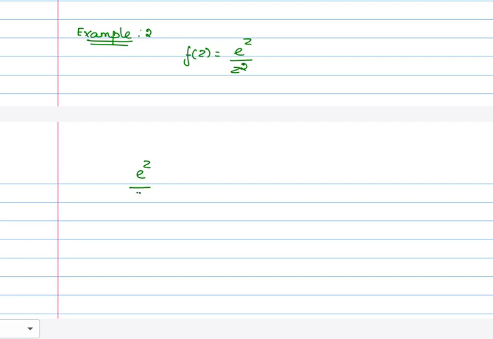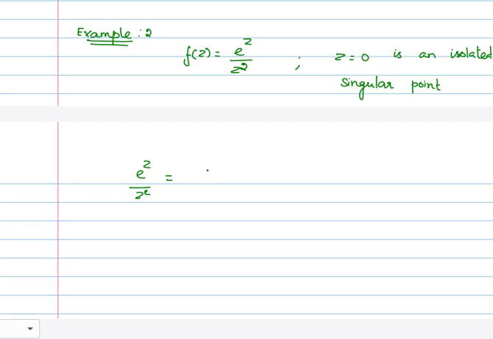First I want to find the singular points. The singular point is z equal to 0. It's an isolated singular point. So I can represent it in terms of a Laurent series.